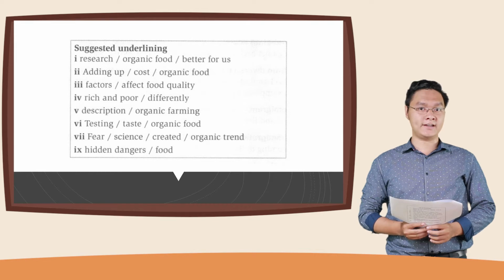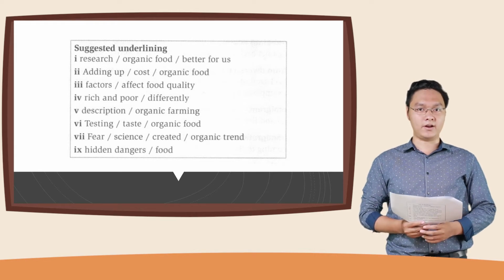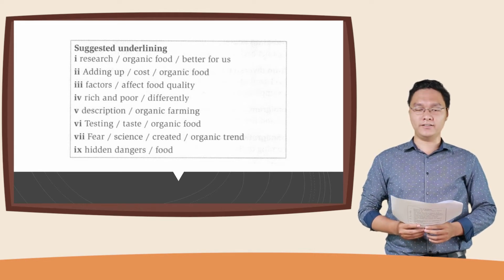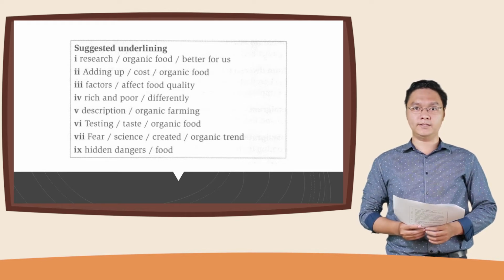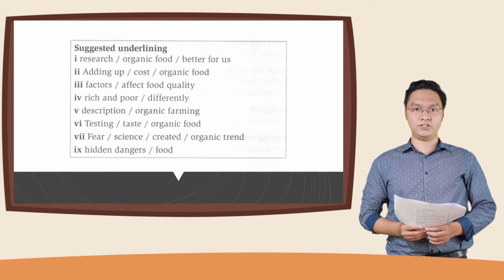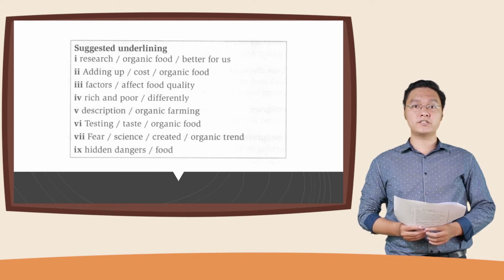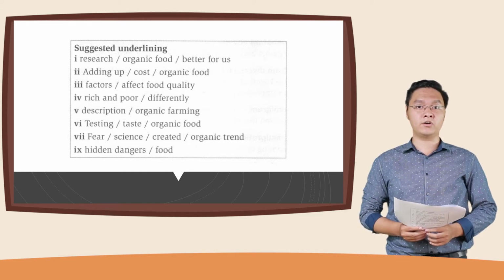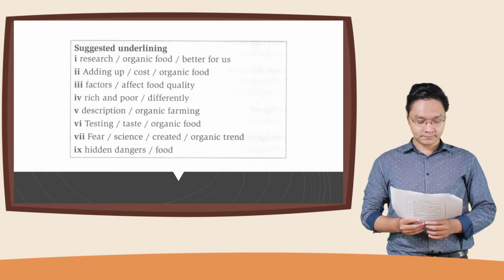Look for contrast in the paragraph. Heading number 5, you have description and organic farming. Have a think guys. When you look at the description, do you look for specific information or general ideas? Yes. So you will look for specific information or specific verbs.